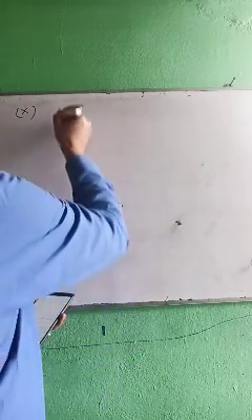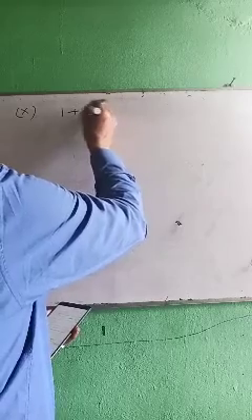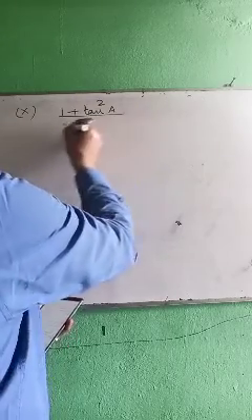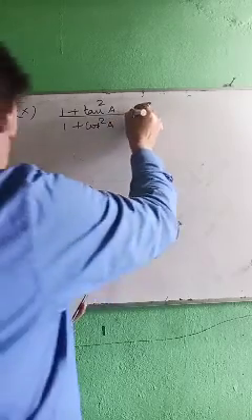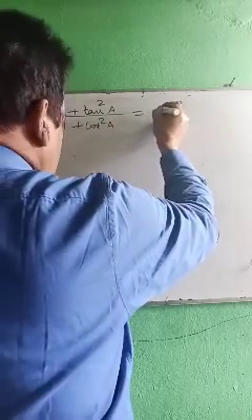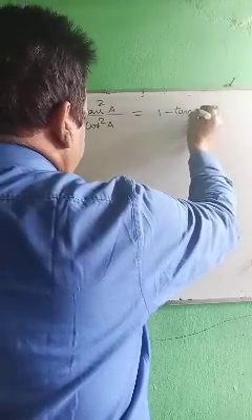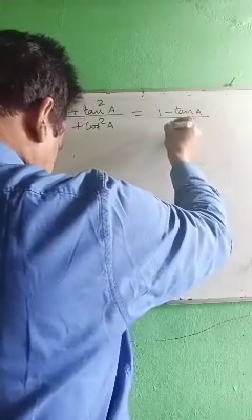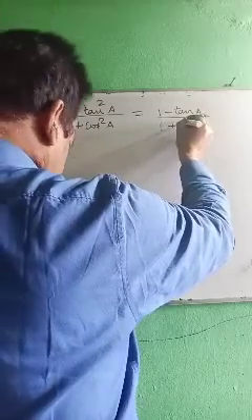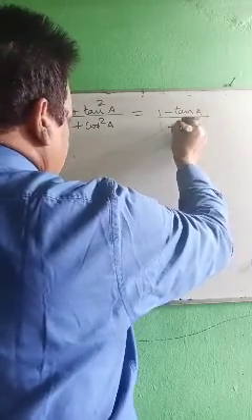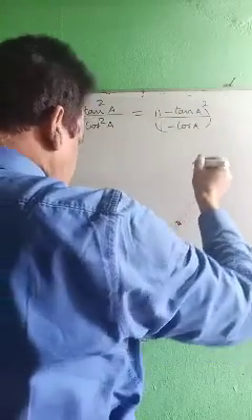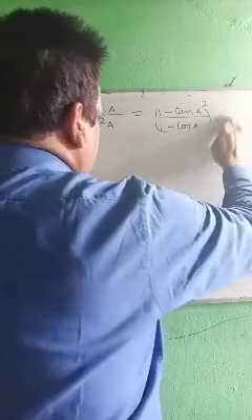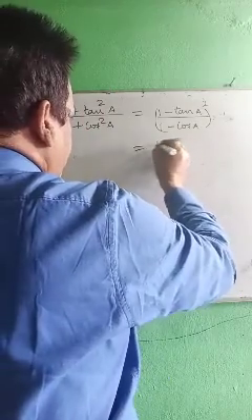Prove that 1 plus tan square A by 1 plus cot square A equals 1 minus tan A by 1 minus cot A whole square, equals tan square A.